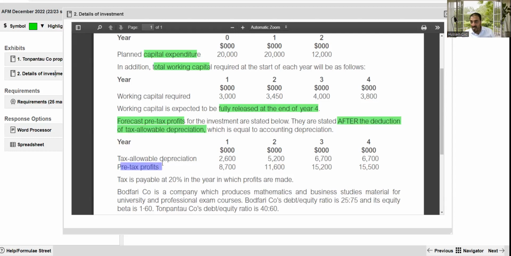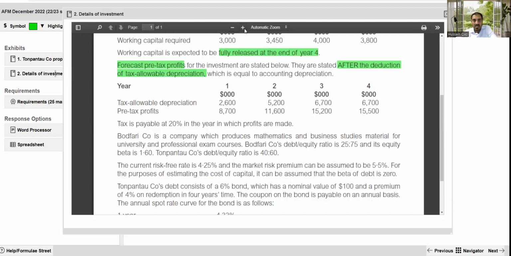So what we should do, first of all, calculate the tax and then adjust the tax depreciation accordingly. Reverse back. Tax is payable at 20% in the year in which profits are made, not delayed.